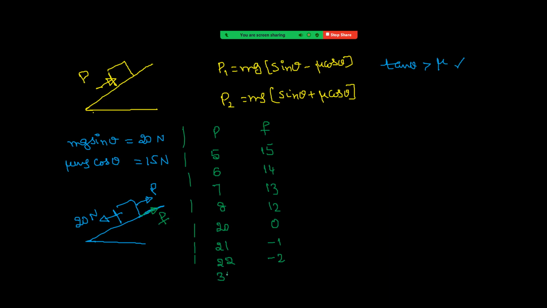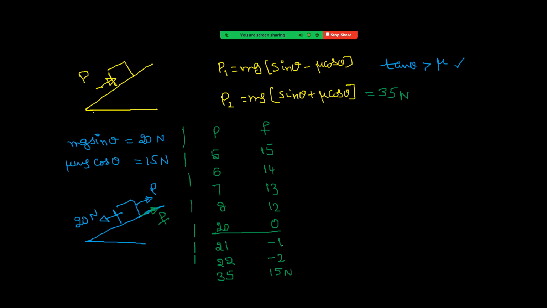If I apply 35, why 35? Because according to these values, mg sin theta 20 plus mu mg cos theta 15 gives 35. So if I apply 35, friction will be the limiting value, 15. That means when P is increased from 5 to 35, the frictional force decreases, becoming 0 when P equals 20.